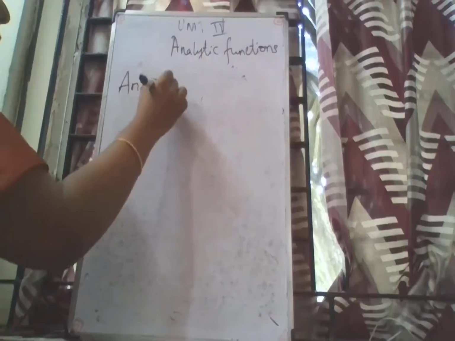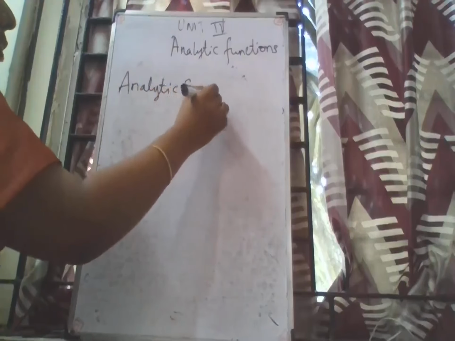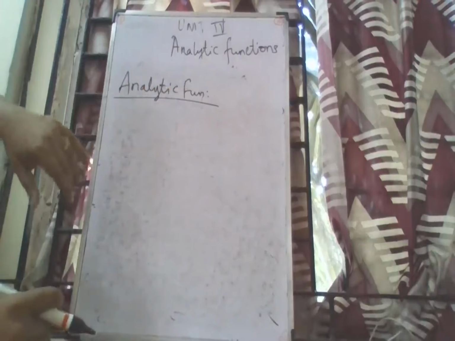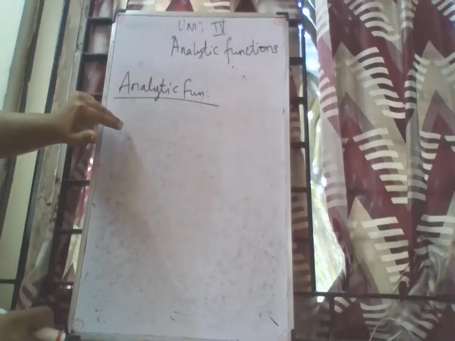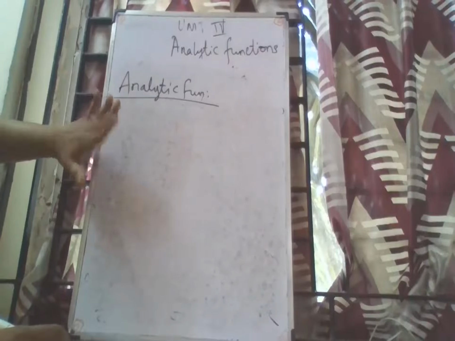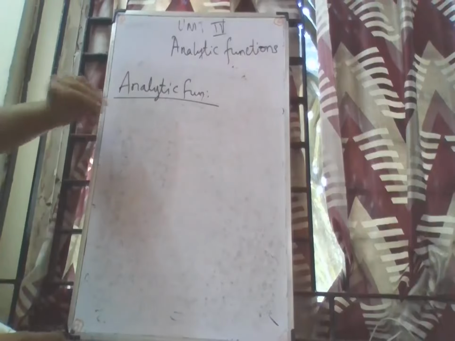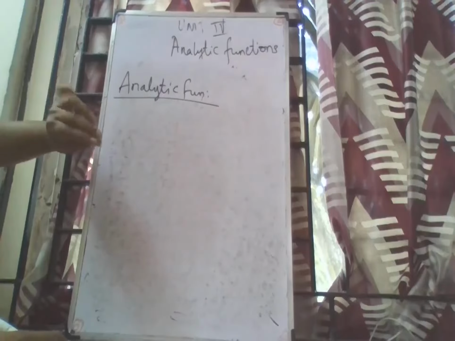Analytic function. What do you mean by analytic function? Before going to the definition, I'll tell you the other names of analytic function: regular function, holomorphic function. Now I'll tell what I mean by analytic function and then I'll explain.